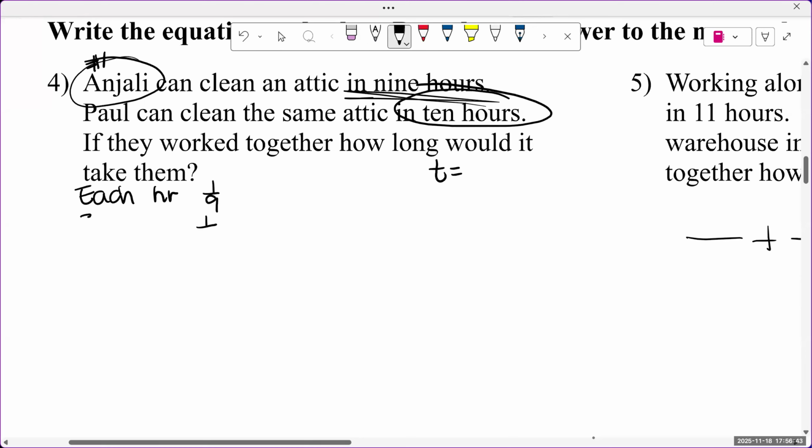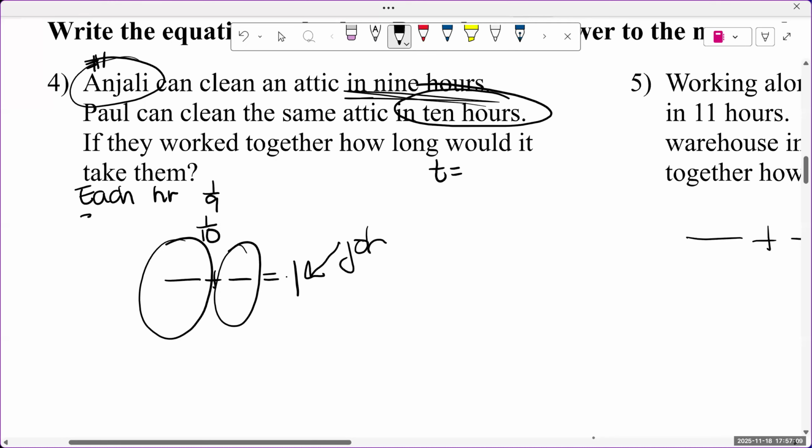That means each hour, Paul can clean 1/10 of the attic. So this is what you're going to do. You're going to start with this formula. Now there are a couple other methods and a couple other videos, but we're going to use this formula. So fraction number 1 plus fraction number 2 equals 1 job.